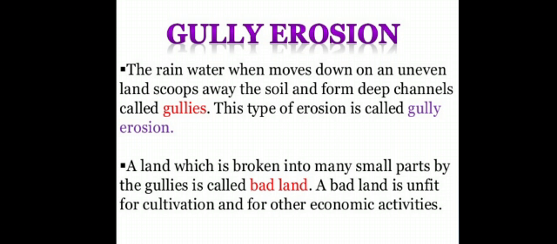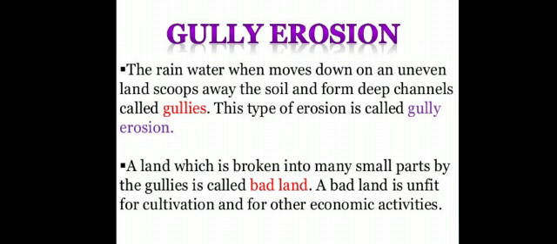And this type of erosion is called gully erosion. And the land which is broken into many small parts by these gullies is called bad land. And a bad land is unfit for cultivation and for other economic activities.